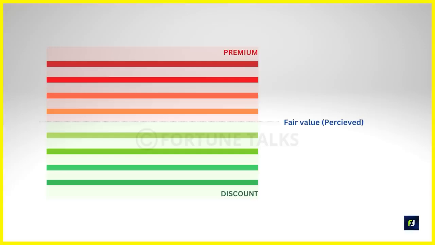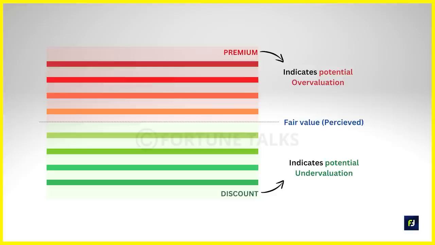PD arrays focuses on the analysis of price levels in terms of their relative value compared to the market's perceived fair value. In a PD array, price points are categorized as either premium or discount. Premium prices are those considered higher than the market's perceived fair value, indicating a potential overvaluation, while discount prices are seen as lower, suggesting an undervaluation.